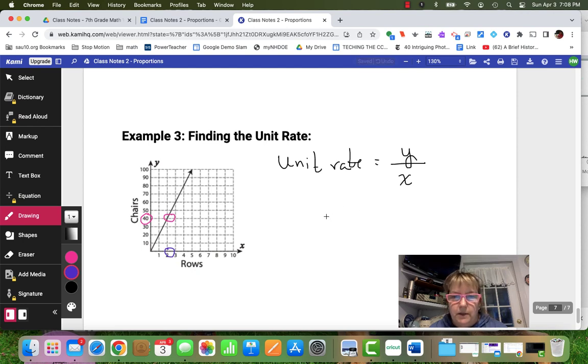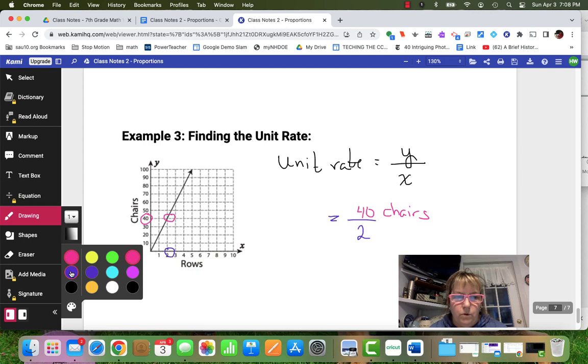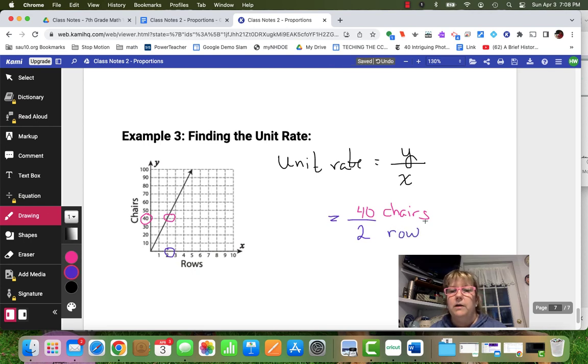So x is 2, so that goes in the denominator, and y is 40. And we're talking about chairs and rows. If it's a unit rate, it means the denominator is 1. So I'm going to simplify that to be, for every row, there are 20 chairs.